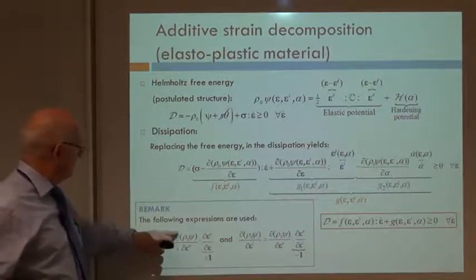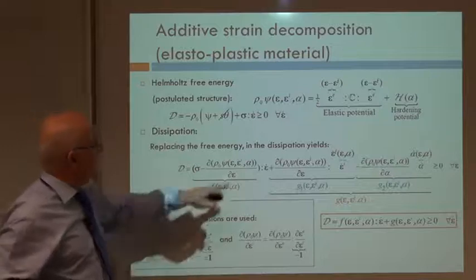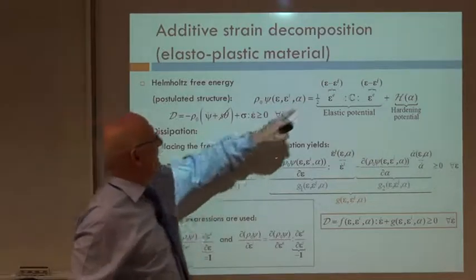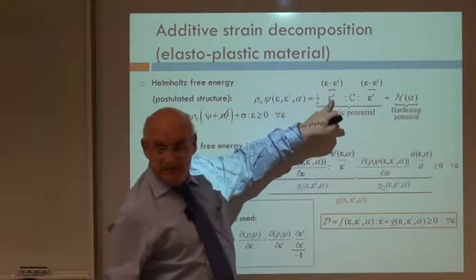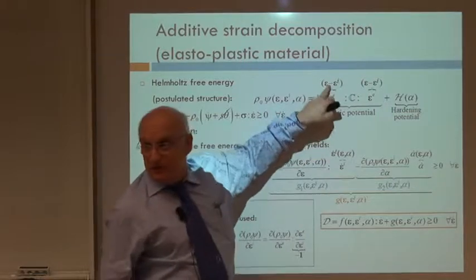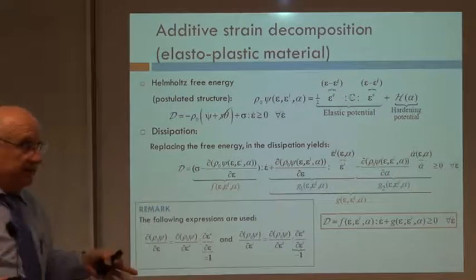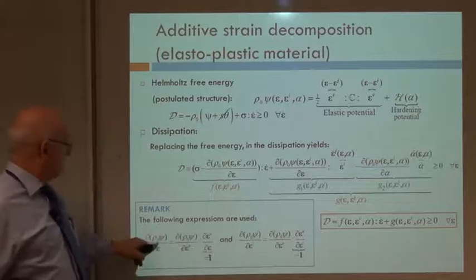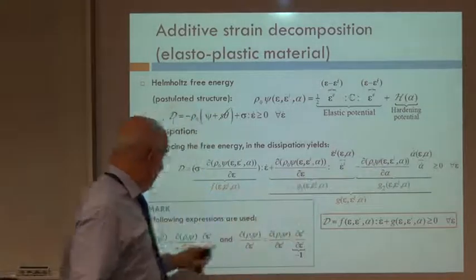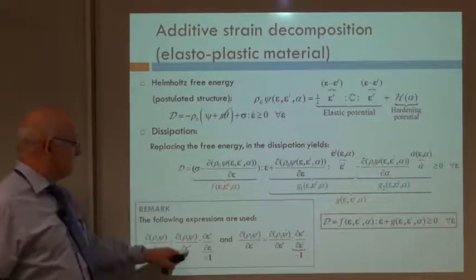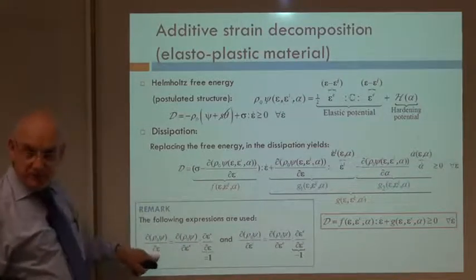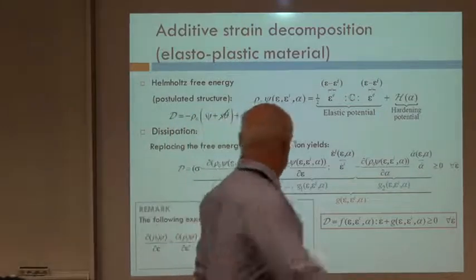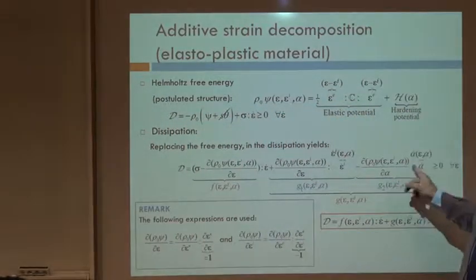The derivative of rho phi with respect to epsilon is the derivative of rho phi with respect to epsilon e, which is C times epsilon e, times the derivative of epsilon e with respect to epsilon, which is 1, because epsilon e depends on epsilon in a completely equivalent manner. So the derivative of rho phi with respect to epsilon I is equal to the derivative of rho phi with respect to epsilon e, is equal to the derivative of rho phi with respect to epsilon. That's why it appears here. Just little mathematical arguments that you can discover on your own.